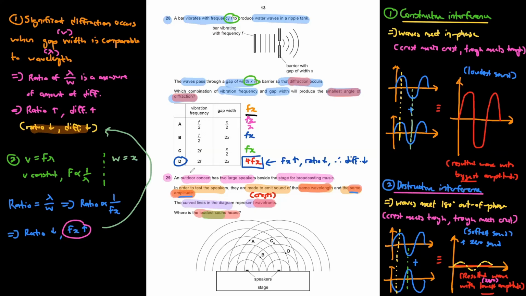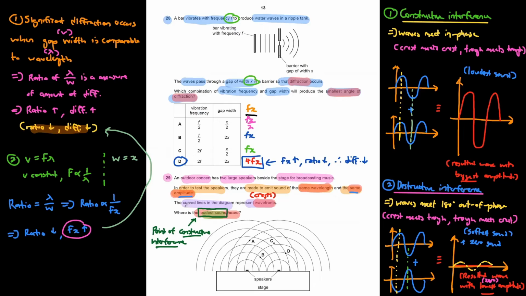Okay, so back to this question here. They want you to find the point where the loudest sound is heard. From what I've just discussed with you, this one you should know by now should be the point of constructive interference. Okay, you want to find the point where constructive interference is occurring here. But how do you determine that from your diagram?